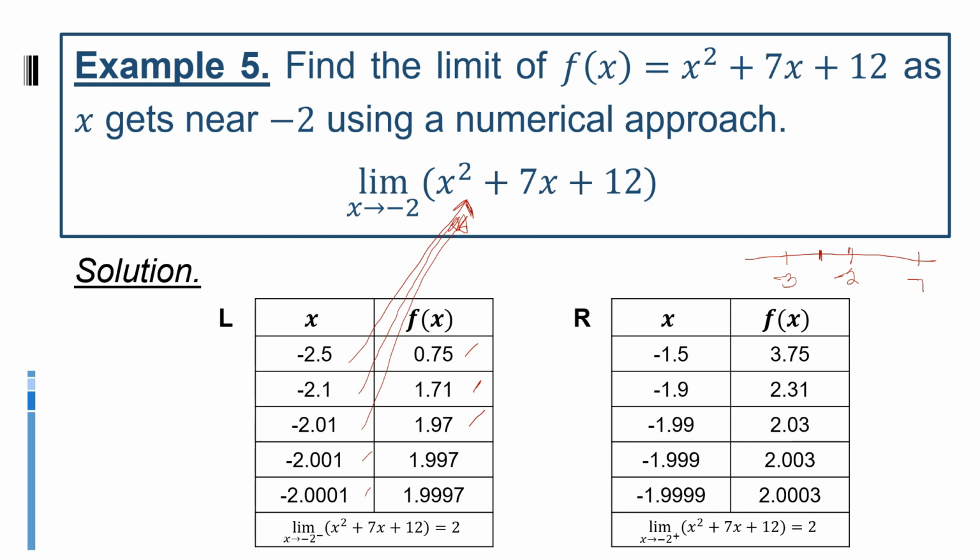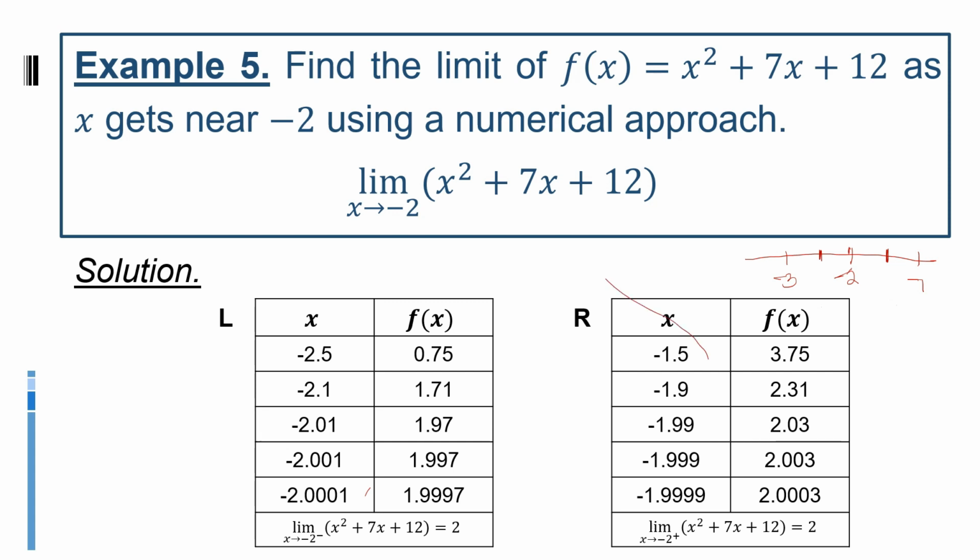Kasi the 1.9997. So kapag pinalaki ko pa yung 0 dito, so that is 1.99999, maraming 9. And then, i-approach na niya yung 2. Therefore, the limit as x approaches negative 2 from the left of x squared plus 7x plus 12 is equal to 2.